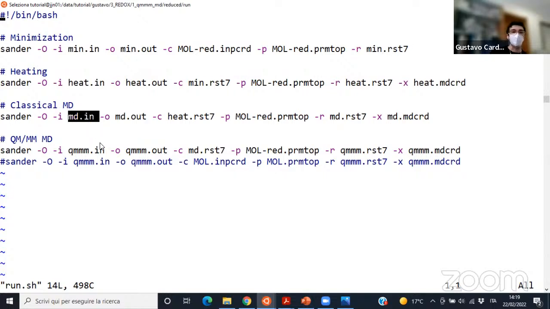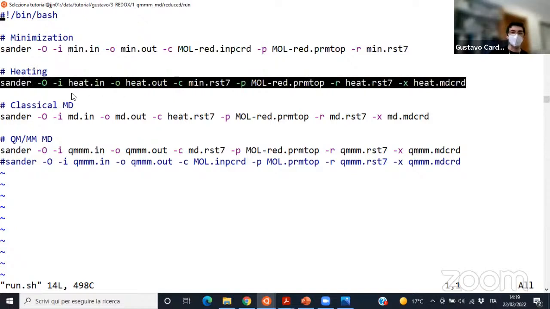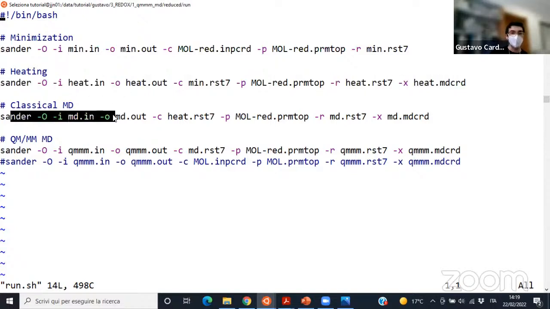We are doing so automatically because what you did in the command line can also be put in a script, which is what I did here. The script goes ahead, then does the heating, calls Sander again for the classical MD, and then it performs the QM/MM MD.